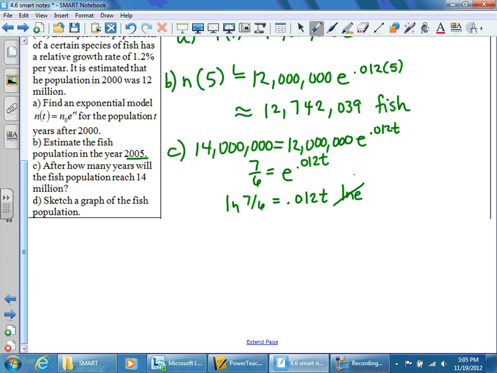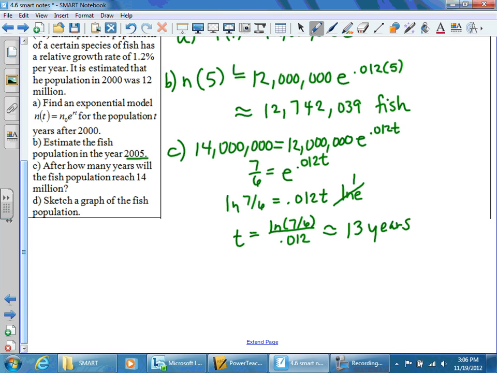And the ln of E is just 1. So now I can divide by 0.012, which would give me approximately 13 years.